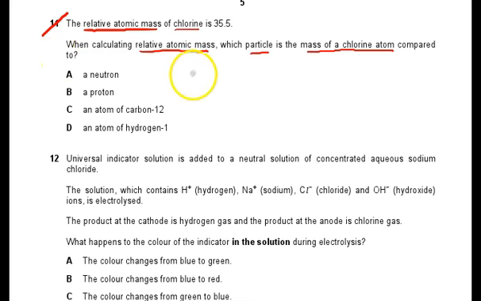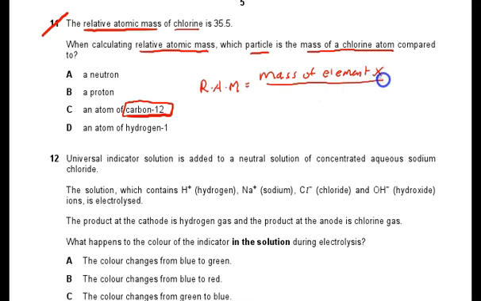Okay, remember all the elements in the periodic table are compared to carbon-12. If you look at the definition of RAM, they mention the mass of element X, it can be anything, plumbum, argentum, gold, or copper.